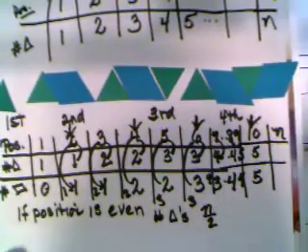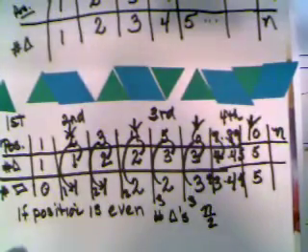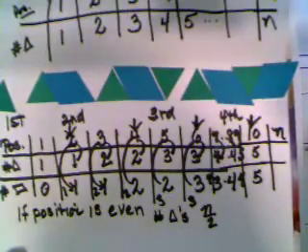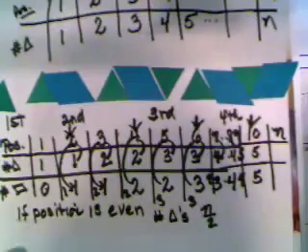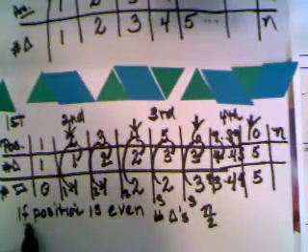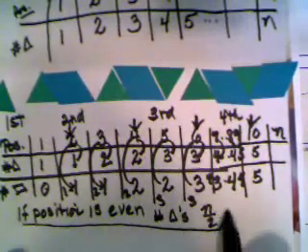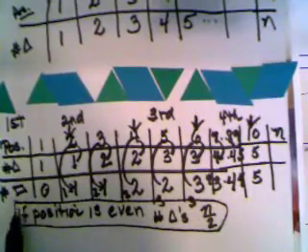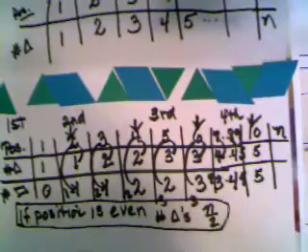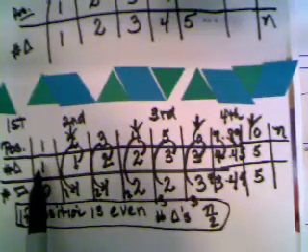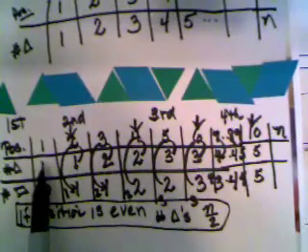Or if I ask you the number of triangles in the 50th position, 50 is even. So you know there would be 25. So we have a generalization that occurs if we know an even position. Well, what if the position is odd?